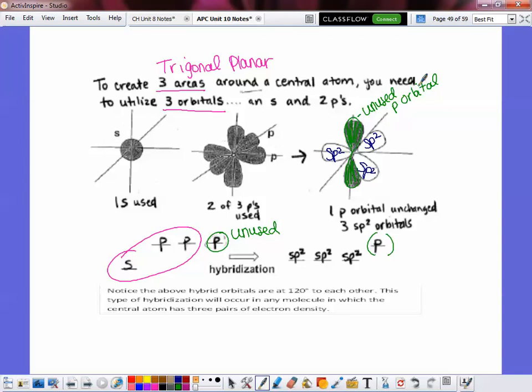So we're going to backburner that for right now. Looking at those 3 sp2 hybridized orbitals, the bond angle is 120 degrees. With 3 things around a central point, the most optimal angle is going to be 120. So the sp2s are my hybridized orbitals and my leftover p.